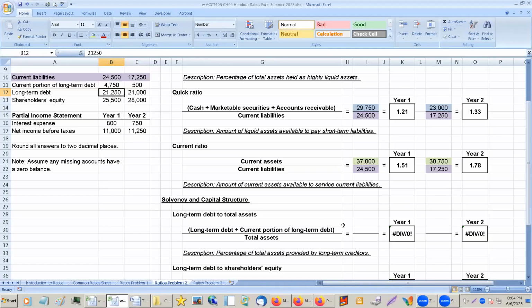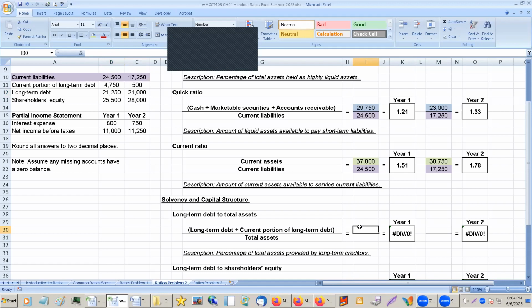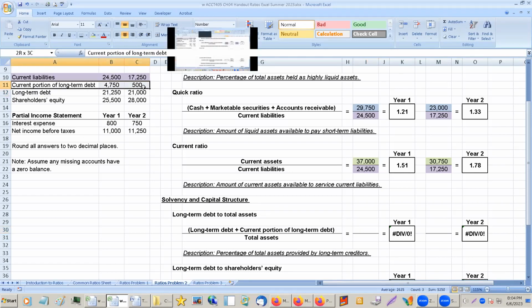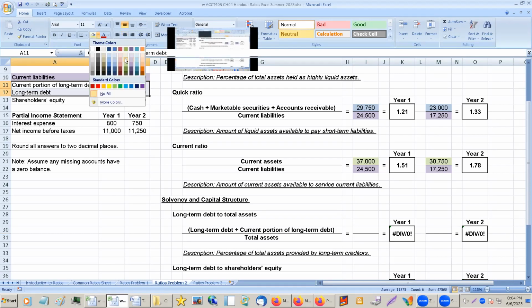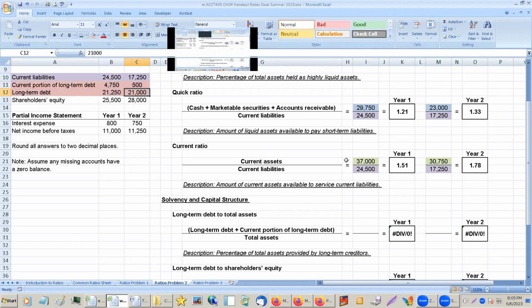And then the other 29 years is all long-term. Now they're telling us to add those two together, in other words, the total amount of whatever the long-term liability is. So we're going to add both those together. All right. Oops.